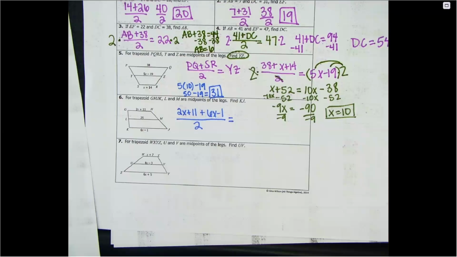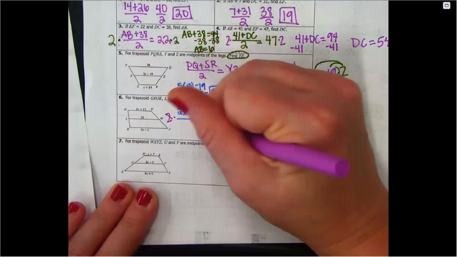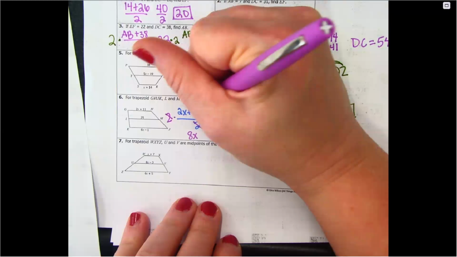Step 1. Multiply both sides by 2. The 2's cancel out. And then you've got 2x plus 6x, which is 8x. And then 11 minus 1, which is 10, equals 50.